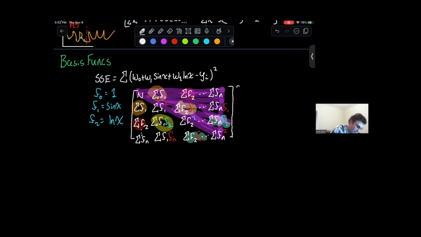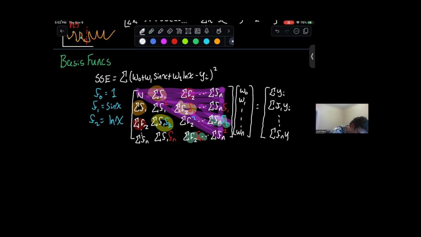We multiply this by our weights. And that equals, just like before, y, and then F1, all the way down, Fn times 1.